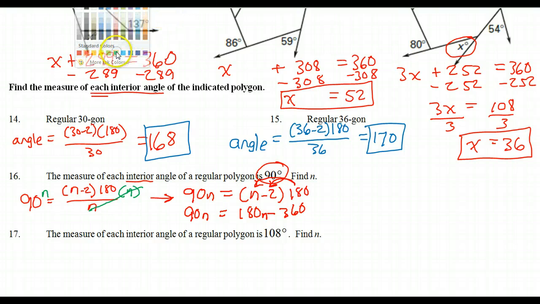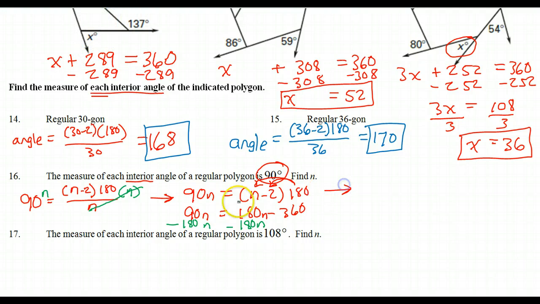Then I see I've got n's on both sides, so let's get those together by subtracting 180n from both sides. Subtracting 180n is going to give me negative 90.